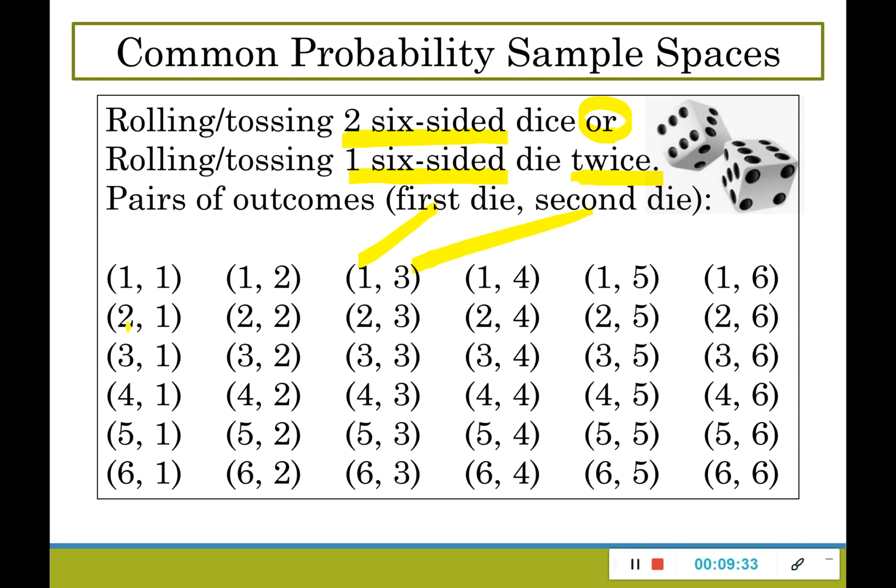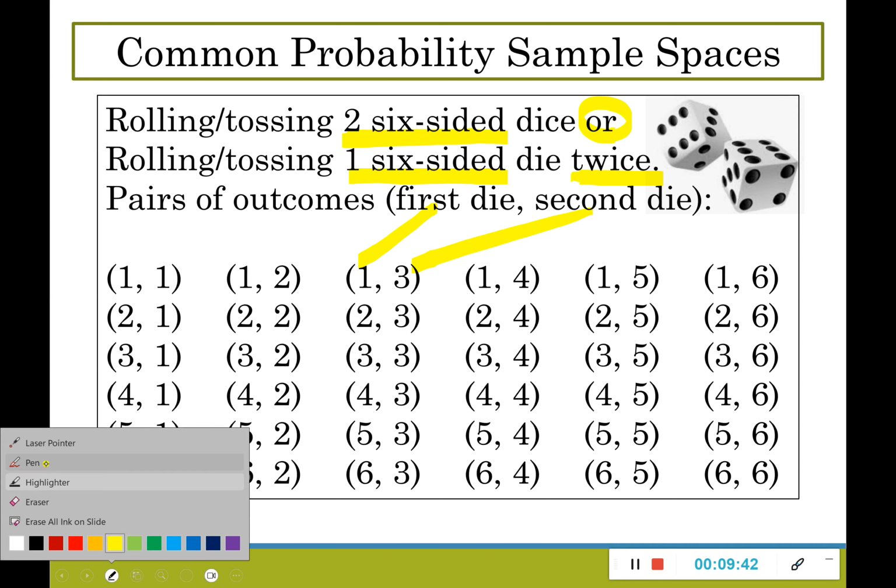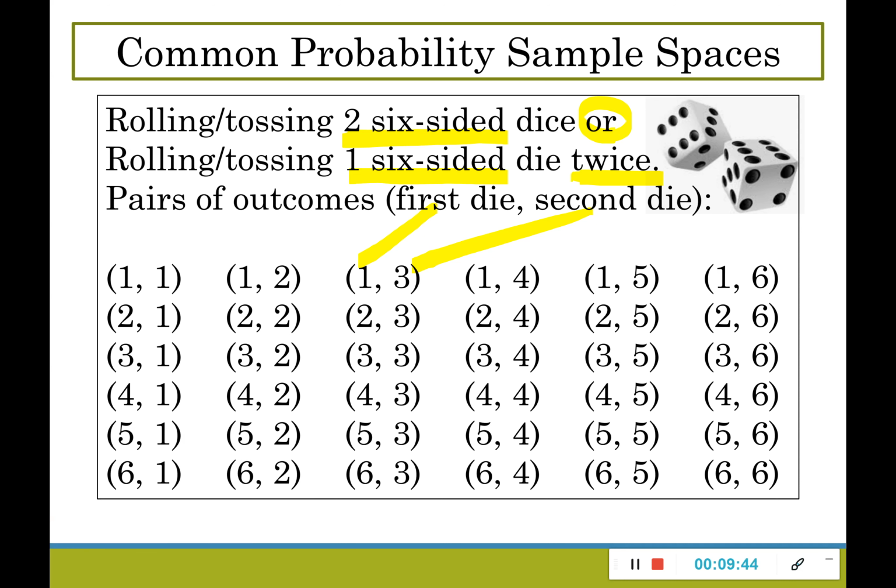You could roll a 2 on the first die, a 1 on the second die, a 3 on the first die, a 1 on the second die, and so on. So we can see in here that we have a total of 36 possible outcomes, right? We have 6 in each column. So there's 6 here, 6, 6, 6, 6, and 6. And so there are 36 possible outcomes.